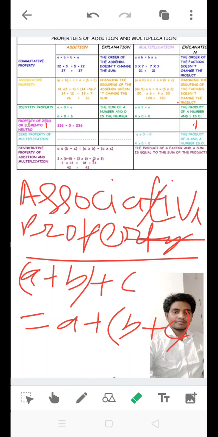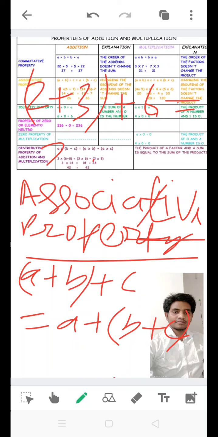Look here: if you have three numbers, (2 plus 3) plus 6, we can write it in this form, 2 plus (3 plus 6).